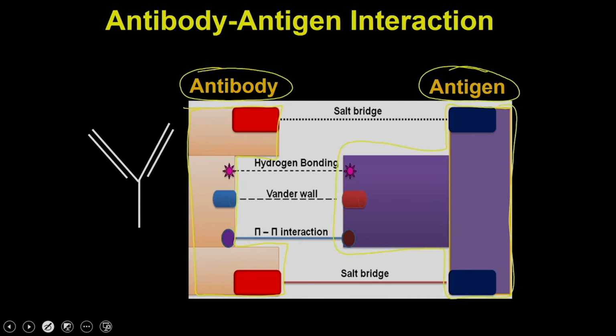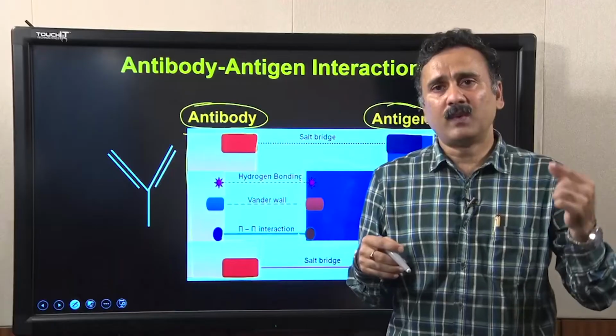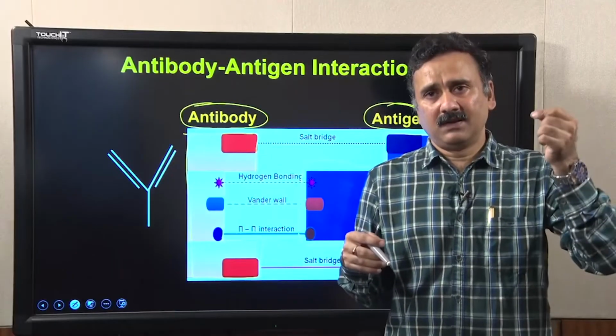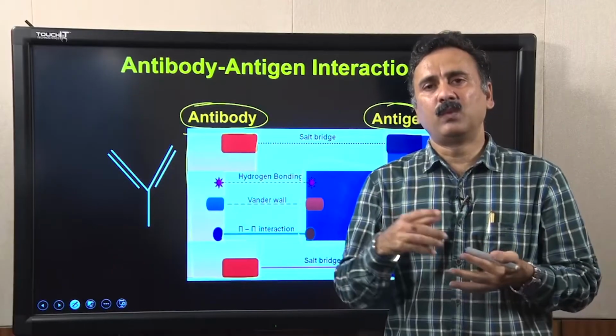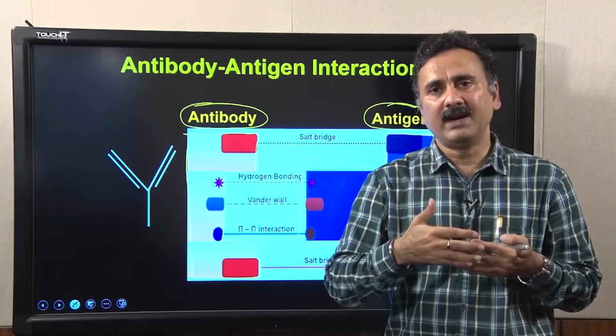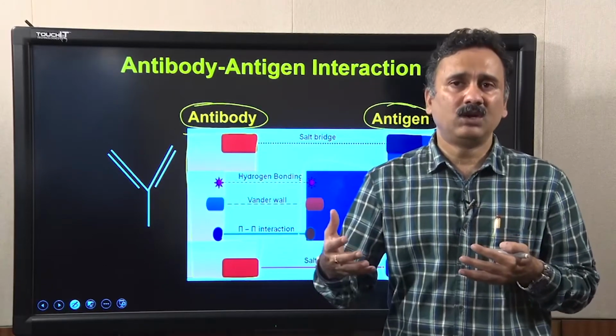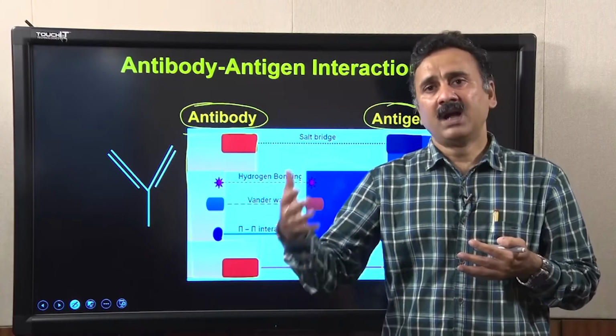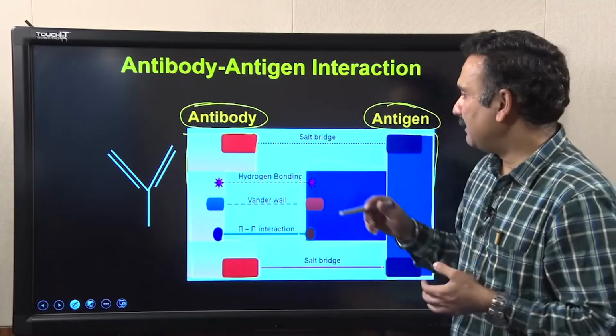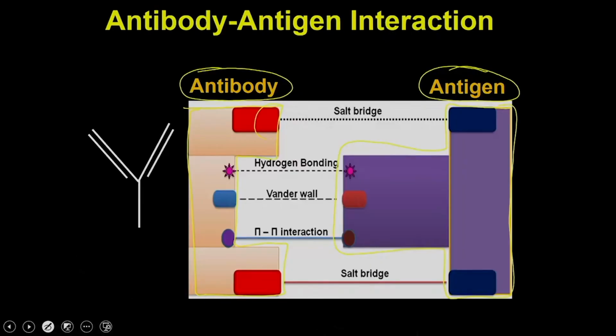In addition to that, the antibodies also provide various spaces where they provide either a site for electrostatic interactions or hydrophobic interactions. For example, in this case, this site has a positively charged residue. So, it will allow the antigen to have a negatively charged residue.